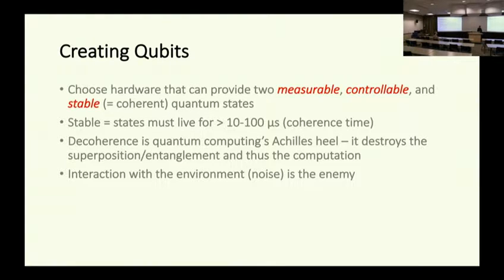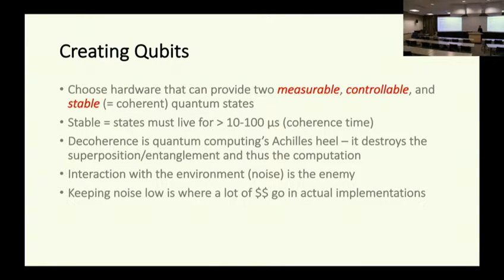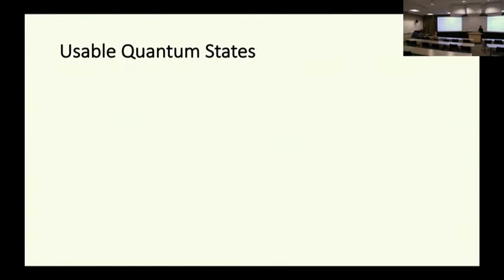And of course, keeping in mind that the quantum states are going to be naturally very, very tiny, because quantum behavior manifests itself only at the smallest scale. So it's also very susceptible to noise. So most of the dollars that people are spending on creating actual quantum computers are going into suppressing this noise. The rest of it is, okay, there are certain parts of it that might be expensive, but the noise is the killer. So as you can imagine, that's where most of the money is.